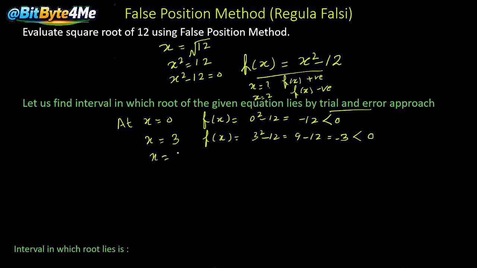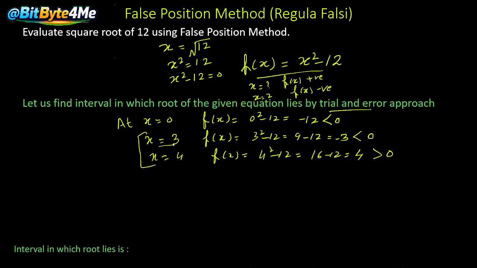So take x is equal to 4. f(x) will be 4 square minus 12, that is 16 minus 12, that is equal to 4, which is greater than 0. So we have found these 2 points.